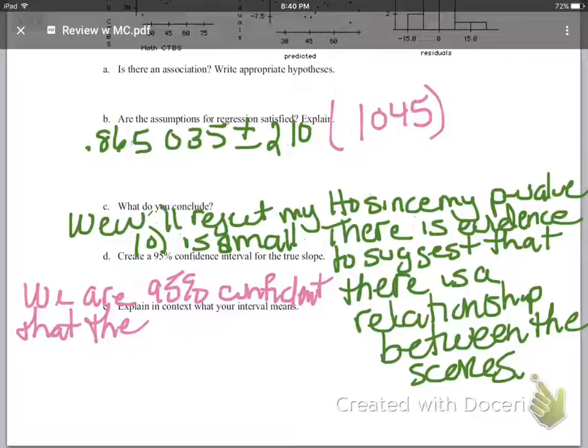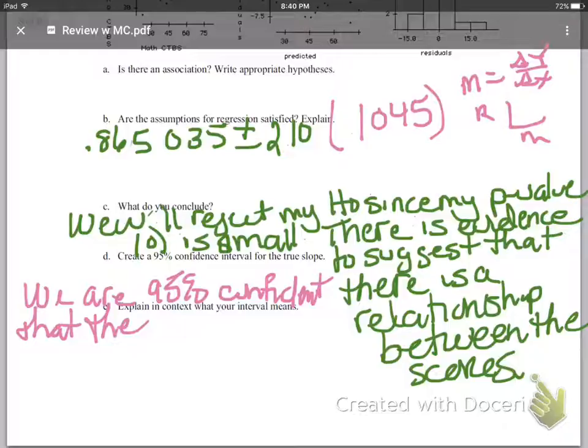You can see what the interval is in the back of the answers, but I want to explain how they got the answer. Do you remember slope is the change of y divided by the change of x. And on the scatter plot, they have reading scores as the vertical, math scores as the horizontal. All right?